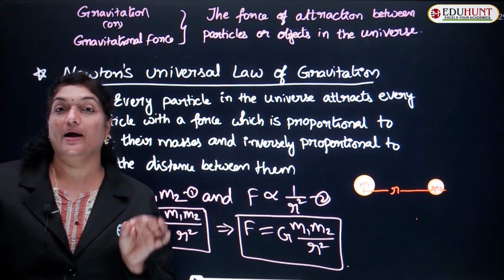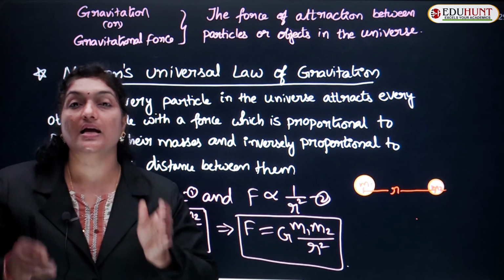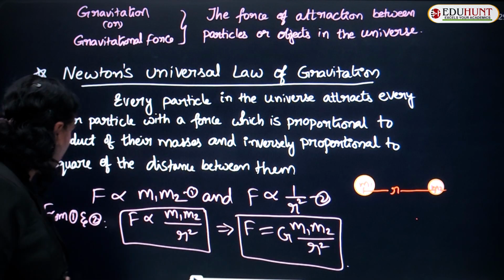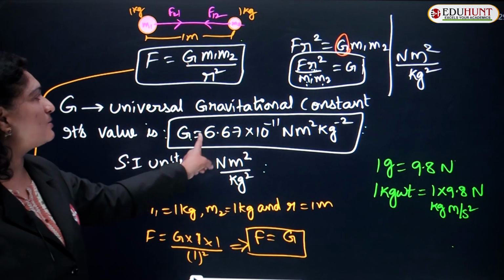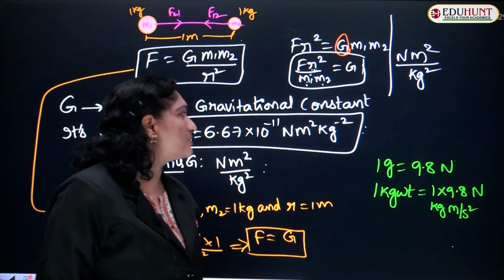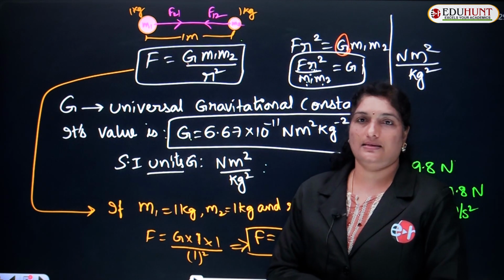Hence it is also called gravitational constant. Why? Because its value throughout the universe remains constant, and the value is given as 6.67 into 10 power minus 11 Newton meter square per kg square in SI system.